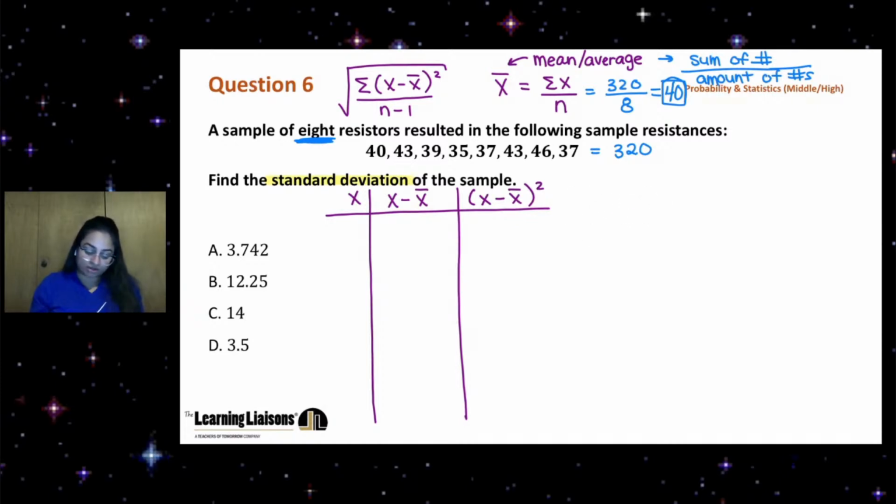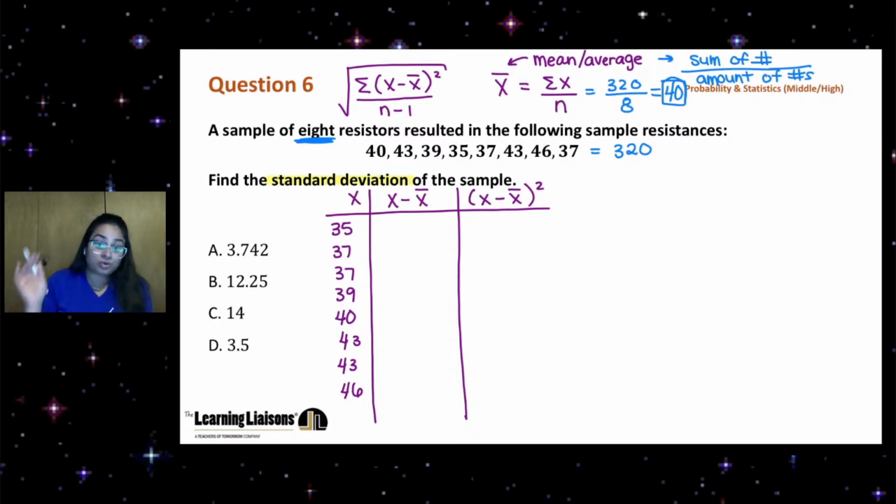So let's go ahead and write all of our numbers down. I'm going to put them back in the order from the previous part. So 35, 37, 37, 39, 40, 43, 43, and 46. 1, 2, 3, 4, 5, 6, 7, 8. Okay, we're all in a good place. So we're going to take our number and subtract 40, because that's what it says.